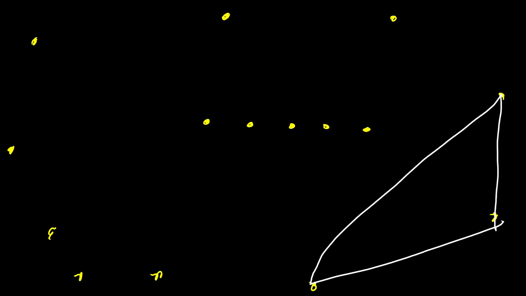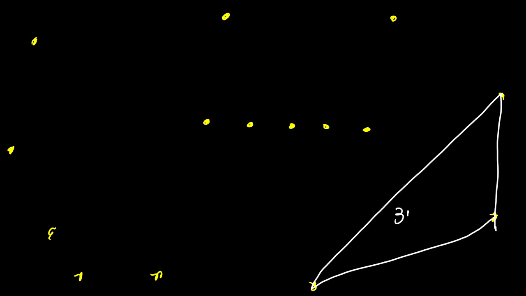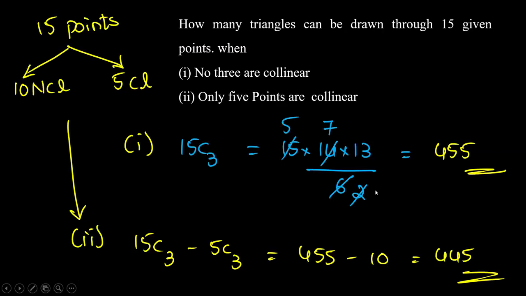A straight line is required. All 3 points I have taken from non-collinear. I can take 3 non-collinear and join. So that means 10C3. What's 10C3? Take 3 points from non-collinear. It will be 120. 10 into 90, 720 divided by 6, 120. Yeah, 10C3 is 120 only.